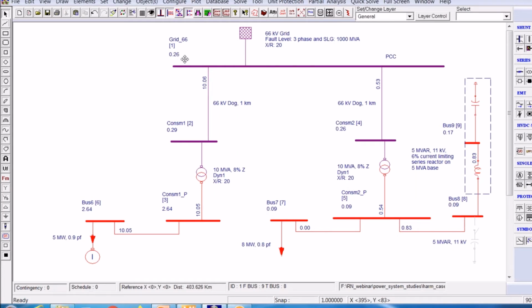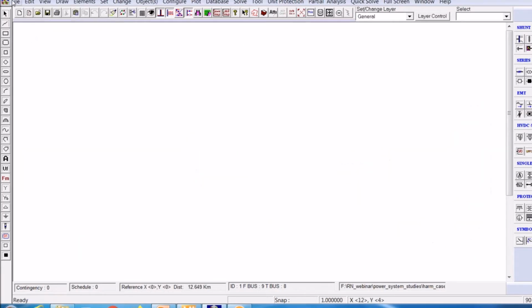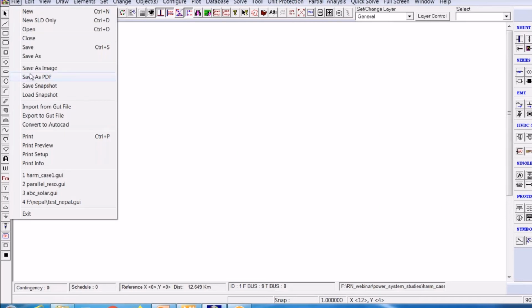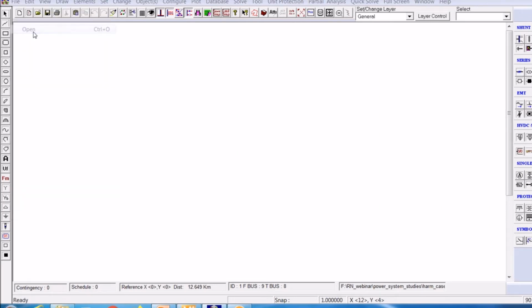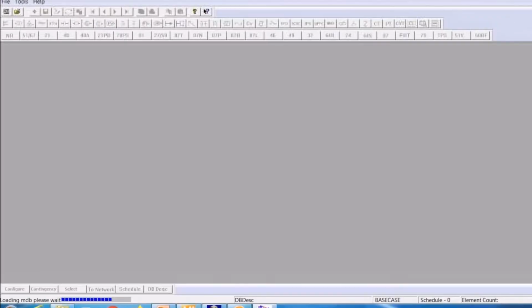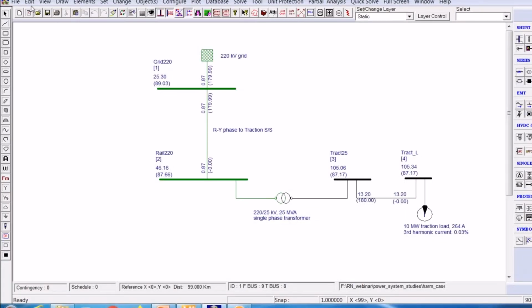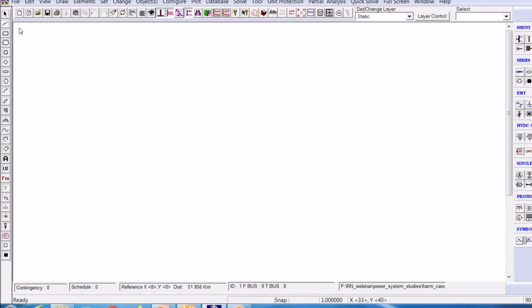Now let us take a case where the source fault level is less. I think this is not the case. Let me just close.